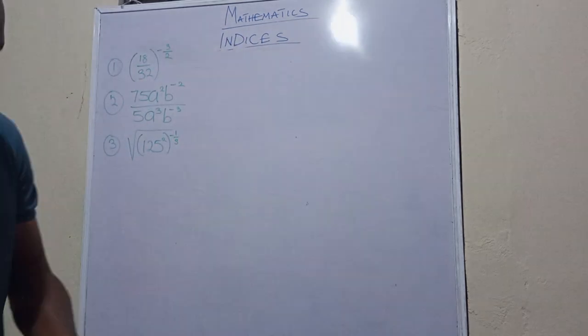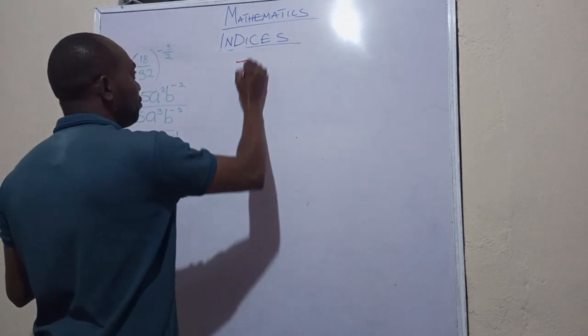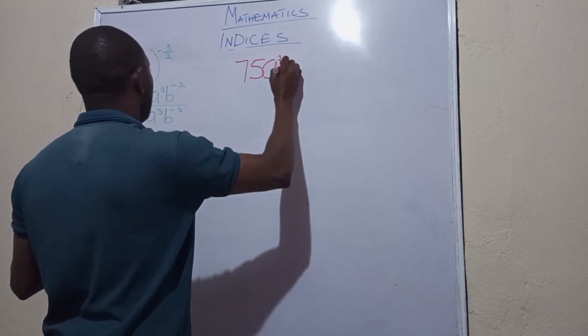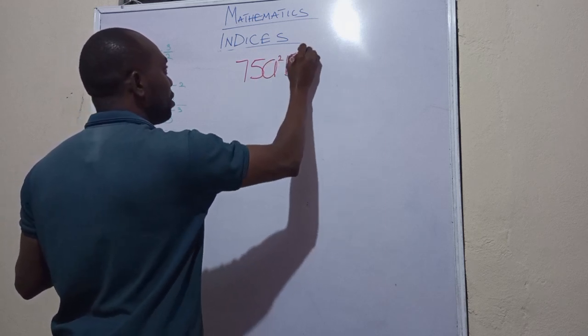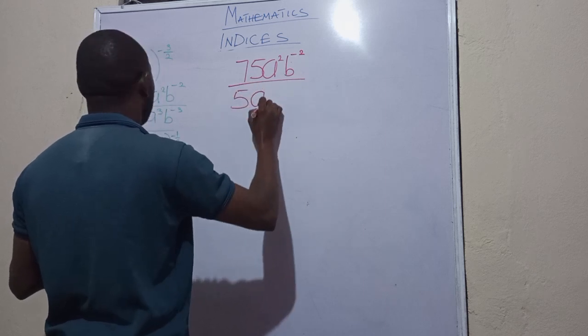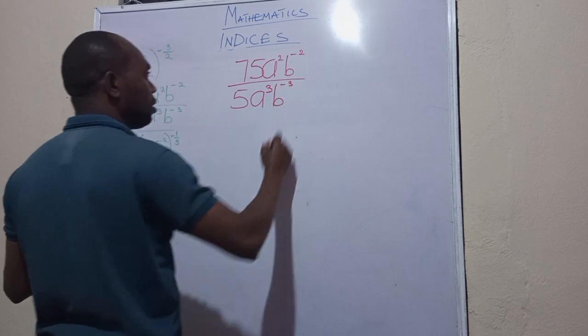Question number 2. Let's see how question number 2 can be solved. It is 75a raised to the power of 2, b raised to the power of minus 2, all over 5a raised to the power of 3, b raised to the power of minus 3.